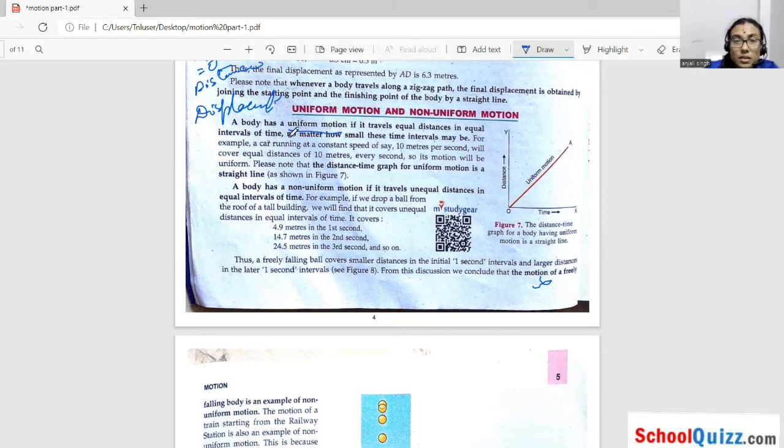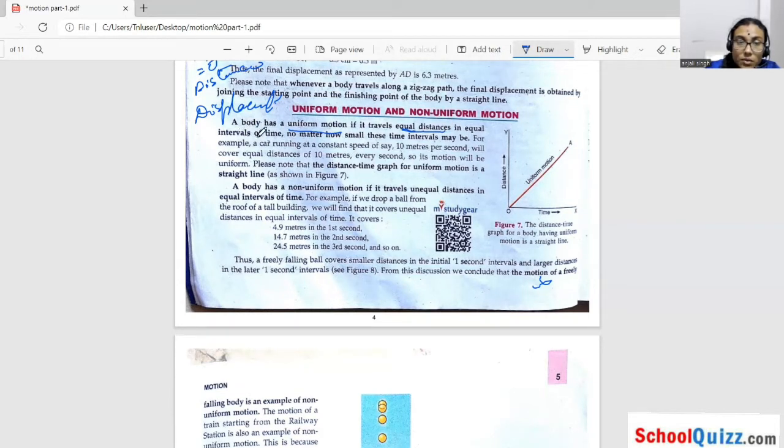No matter how small these intervals may be, it doesn't matter. The interval will be large or small, but what is important? Equal distance. You can see there, equal distance in equal interval of time.